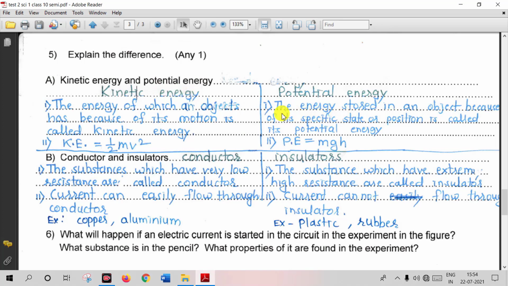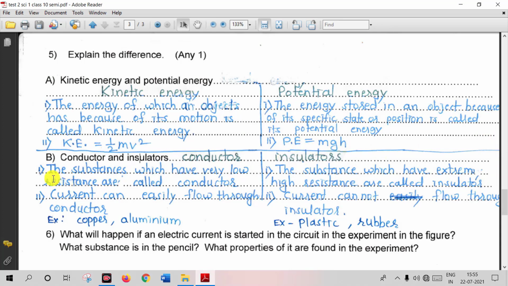And the second point, potential energy is the energy stored in an object because of its specific state or position. And second point is related with their formula. KE, that is kinetic energy, is equal to half mv square, and potential energy PE is equal to mgh.